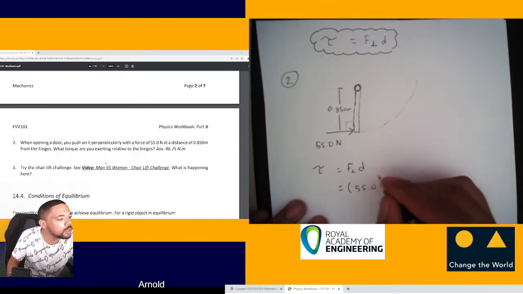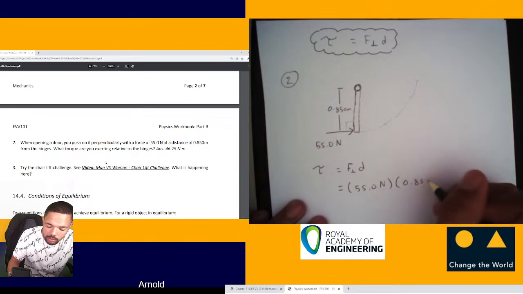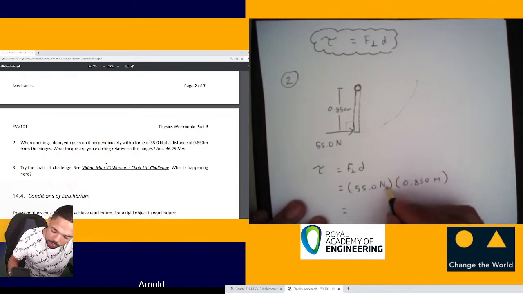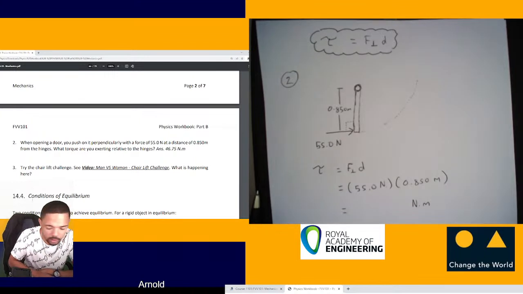You'll now see why the units of torque are newton meters. Now 55 times 0.85, so just 85% of 55, something in the 40s. We say that it's 46.